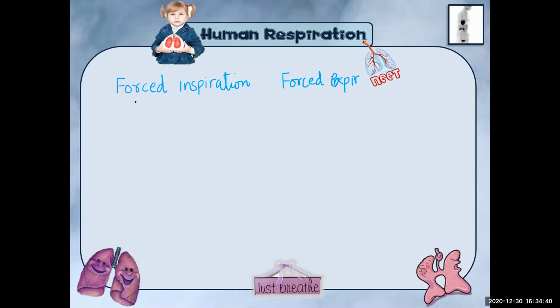Now, forced inspiration and forced expiration, both of them are active processes. That means both of them involve contraction of muscles.